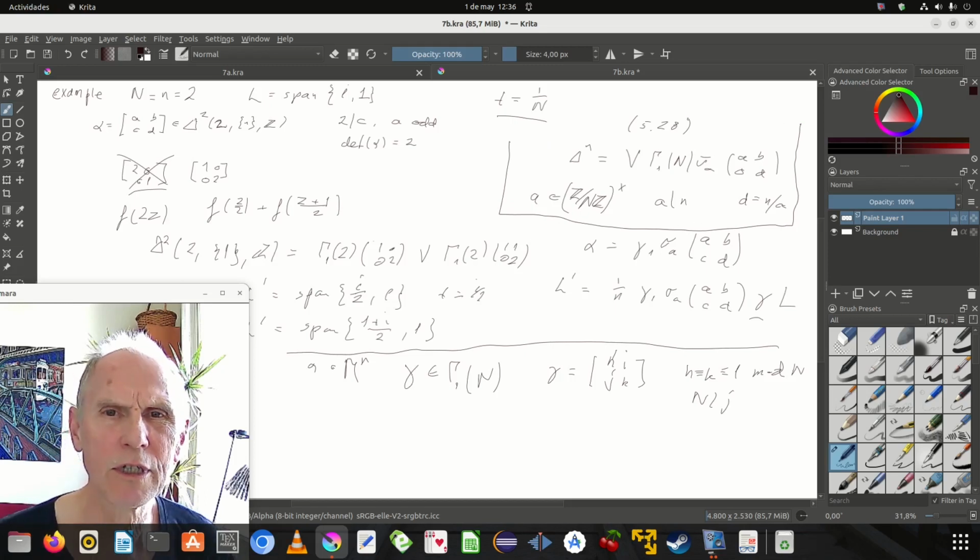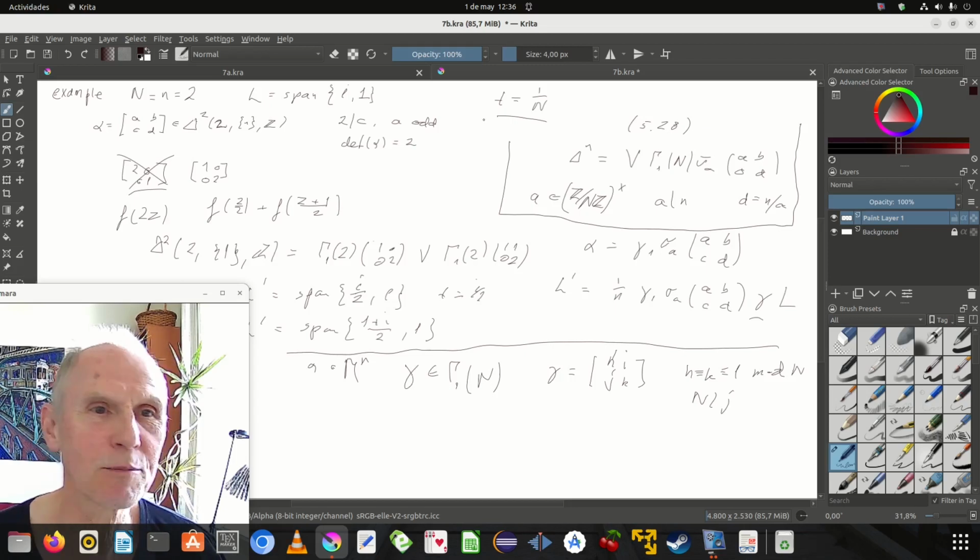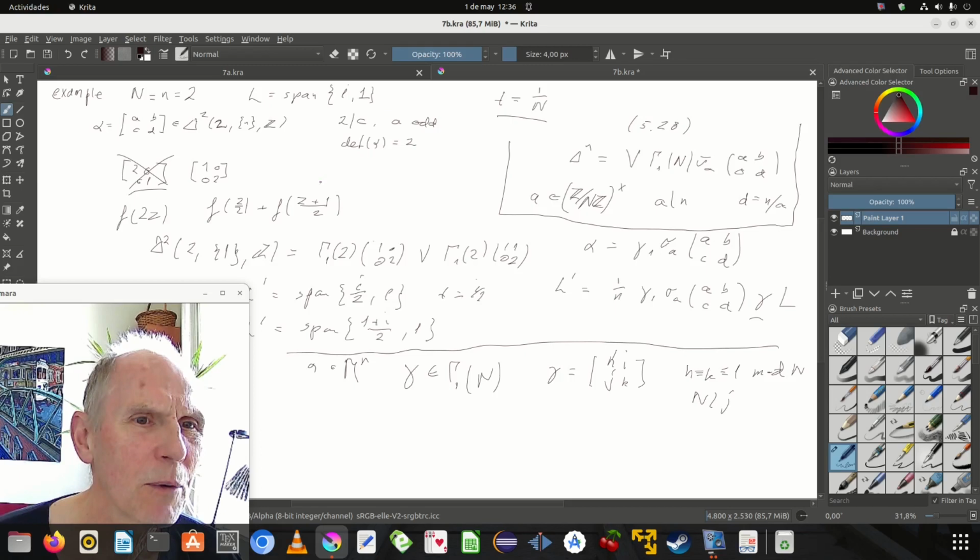That was the structure theorem, which is just a lemma in this book. Where do we have the conditions on M2? Here.